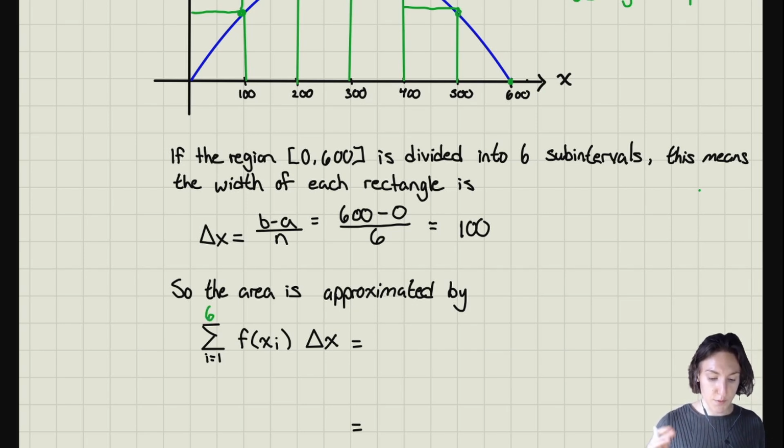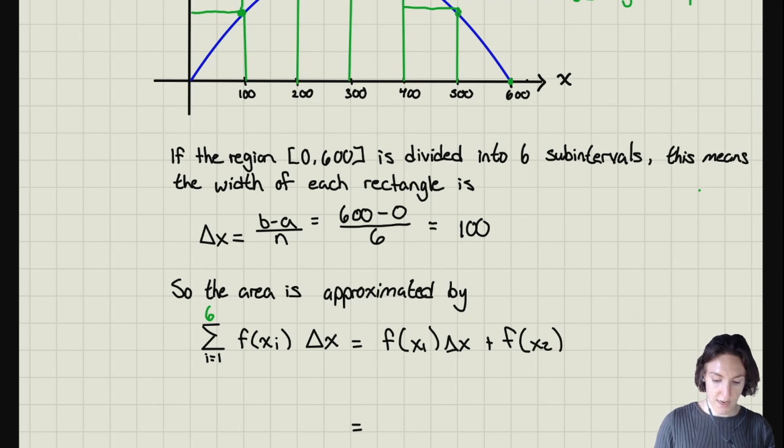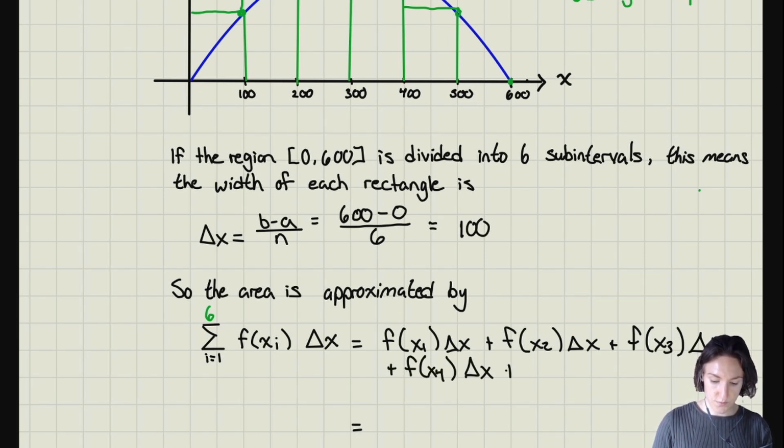Because I'm doing right endpoint, I would write this as f of x1 delta x plus f at x2 delta x plus f at x3 delta x plus f at x4 delta x, f at x5, and then finally a sixth one.